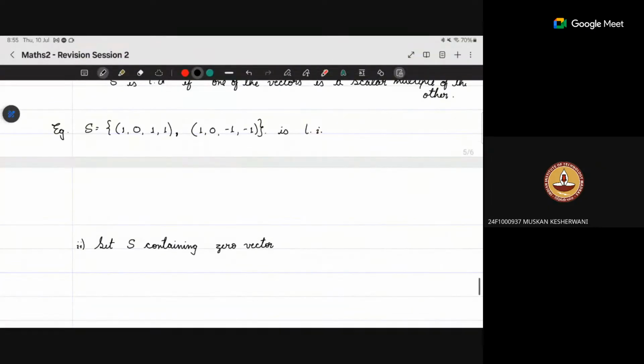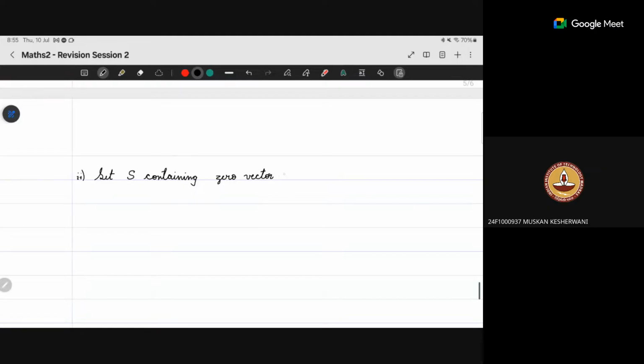The second special case is a set S containing a zero vector. Whatever your set is, v1, v2, up to vn, if it contains the zero vector, this is always linearly dependent. Why?